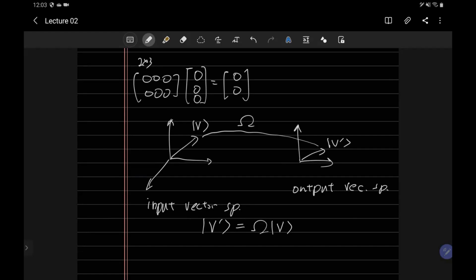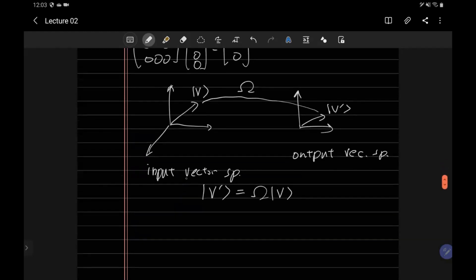So this is the meaning of the linear operator in quantum mechanics.